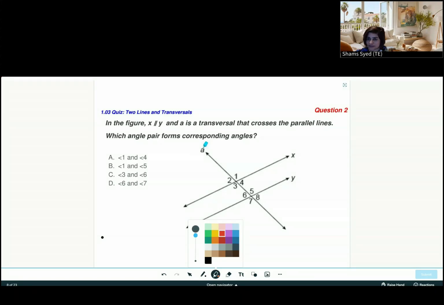They told you what A is. This line is called a transversal. A transversal is a special line that cuts through two parallel lines, right?